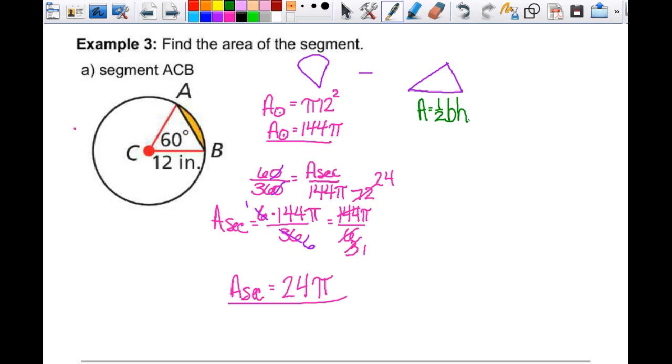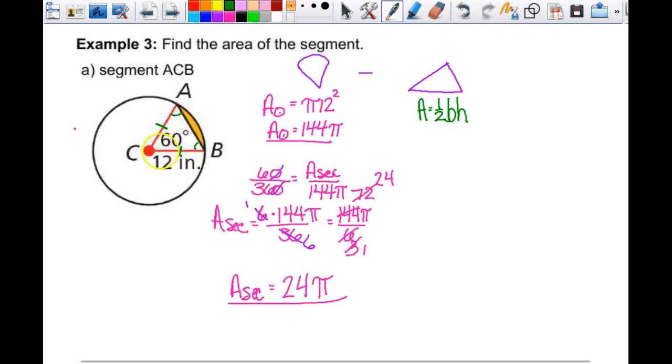Okay, just because you have a 60-degree angle does not mean it's an equilateral triangle. Okay, so the radius, so this is congruent to this, right? So for sure, any triangle we get like this is what kind of triangle? Isosceles. You are guaranteed that it is isosceles, right? Because these two are congruent, which means these two angles here are congruent.